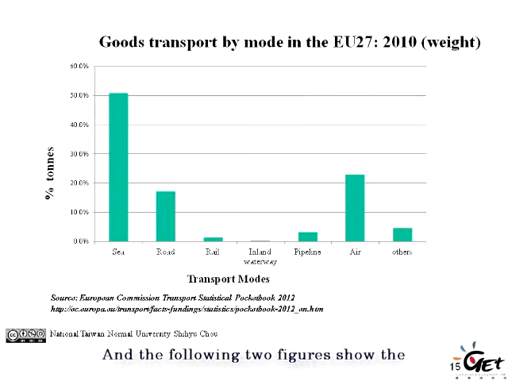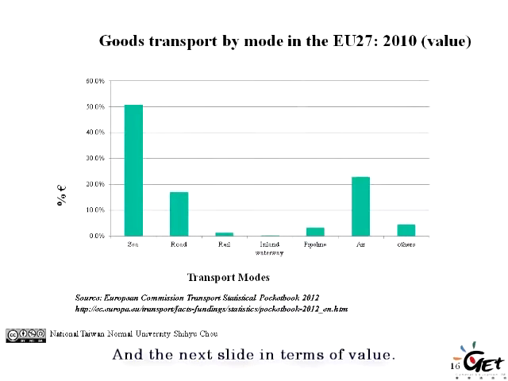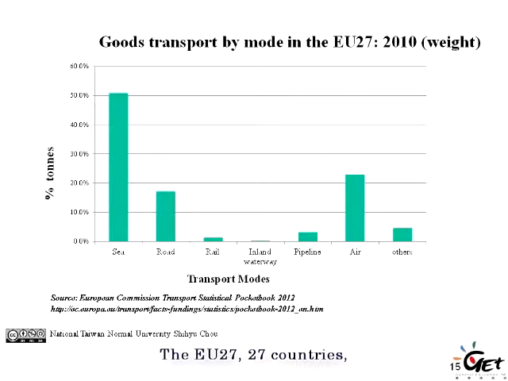And the following two figures show the distribution of different transport modes used in Europe, in terms of weight, and next slide in terms of value. The EU 27, the 27 countries, the statistics in 2010.